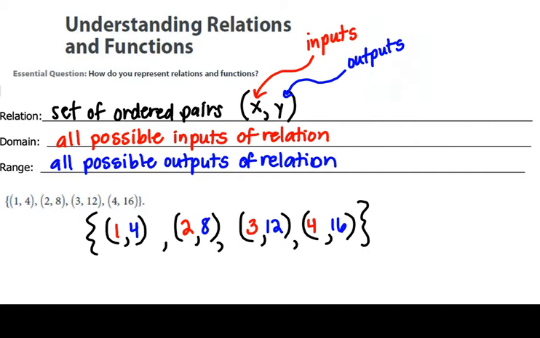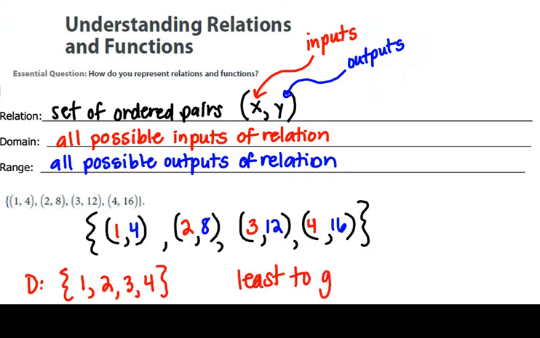The domain we list from least to greatest. So the set, that's what the braces mean, the set of the numbers 1, 2, 3, and 4. So least to greatest, no repeating.